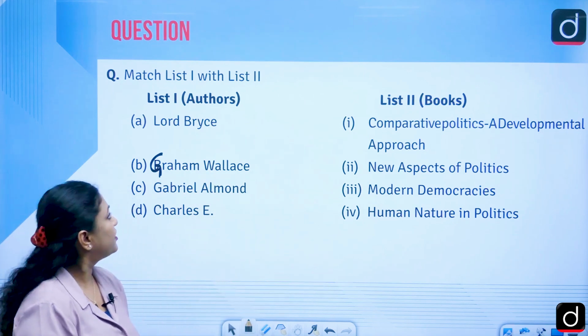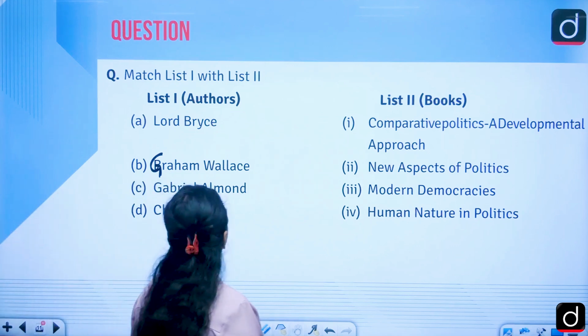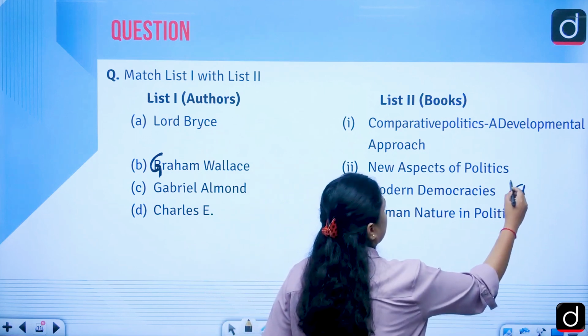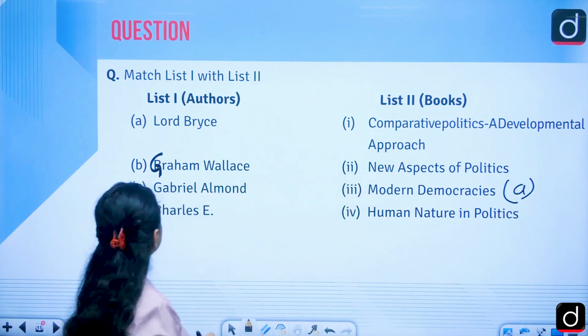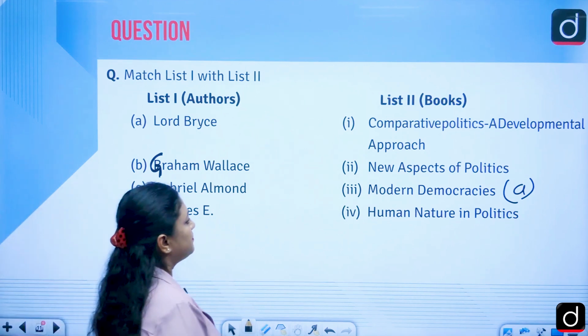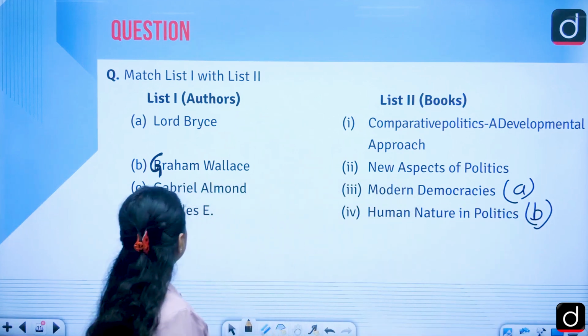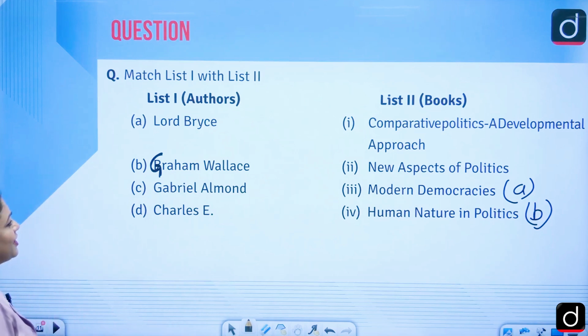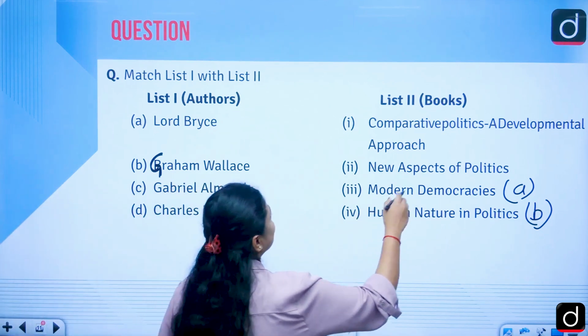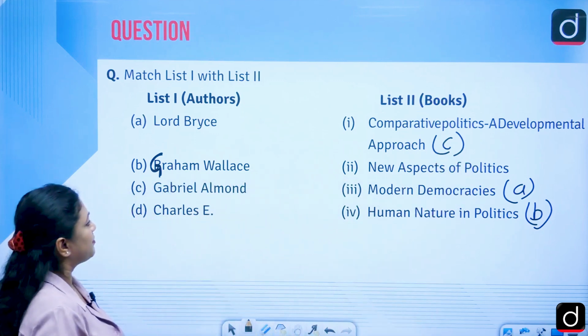The first one here is Lord Bryce, and he has written the book called Modern Democracies. So A is with 3. Graham Wallas has written the book called Human Nature in Politics, B. The third one is Gabriel Almond, automatically C is with 1, that is Comparative Politics: A Developmental Approach.